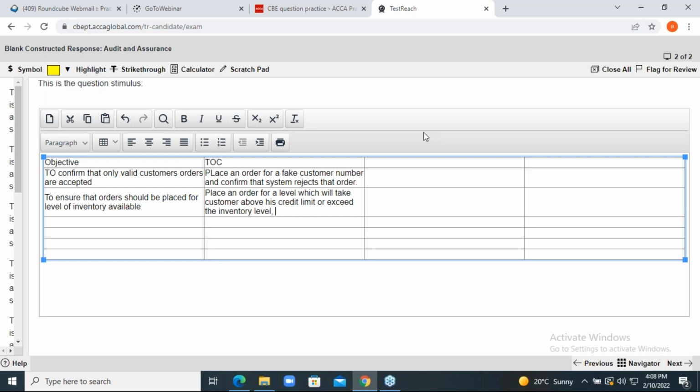Now, when we have placed this specific order, what should this system do?